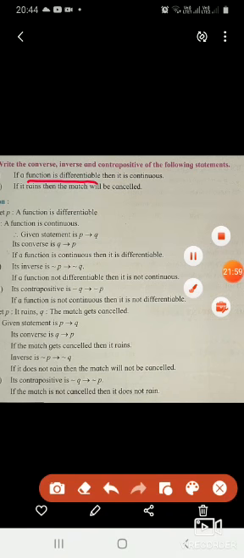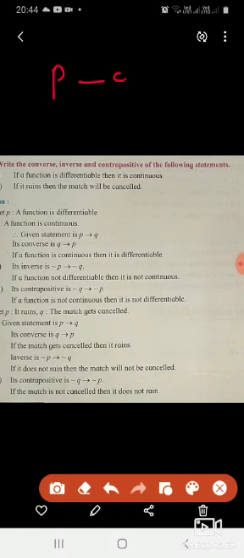Then it is continuous, it is Q. So from this, for me, the statement is P to Q. That means if a function is differentiable, then it is continuous. Okay. That is the statement. Now, first in converse I have to find out.